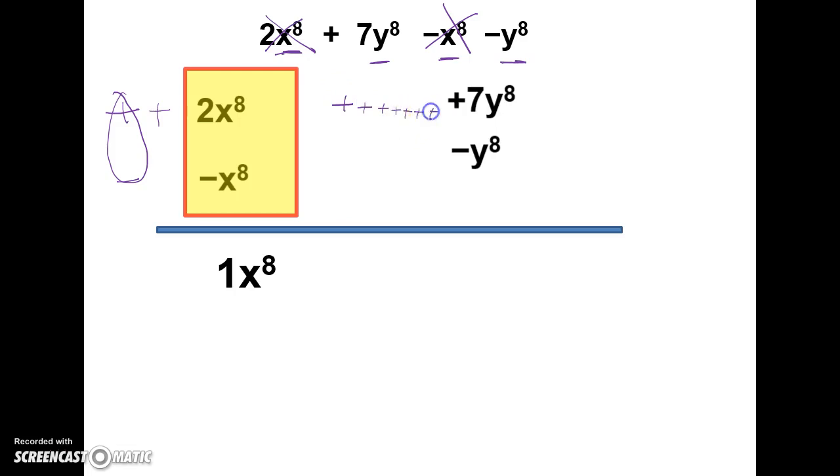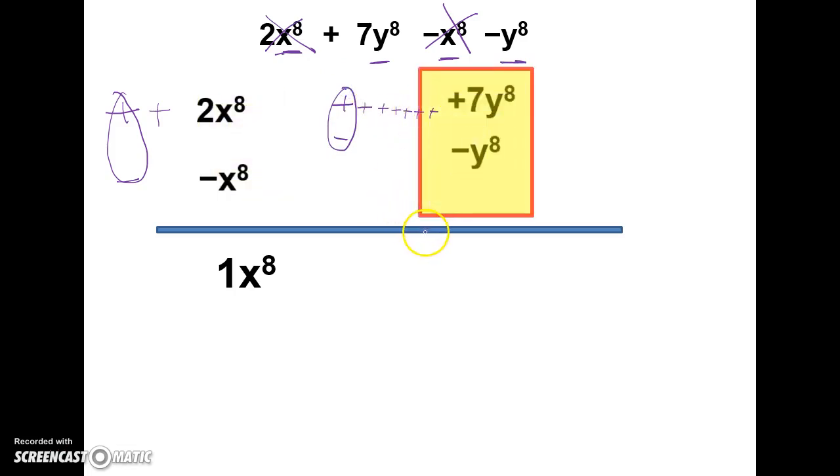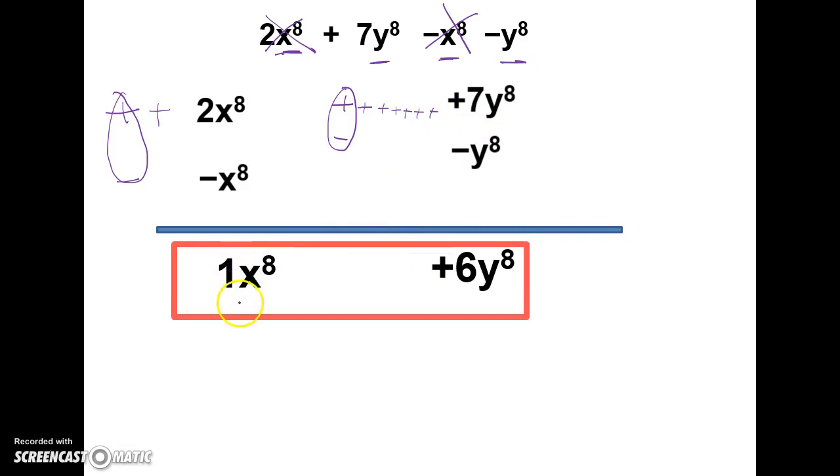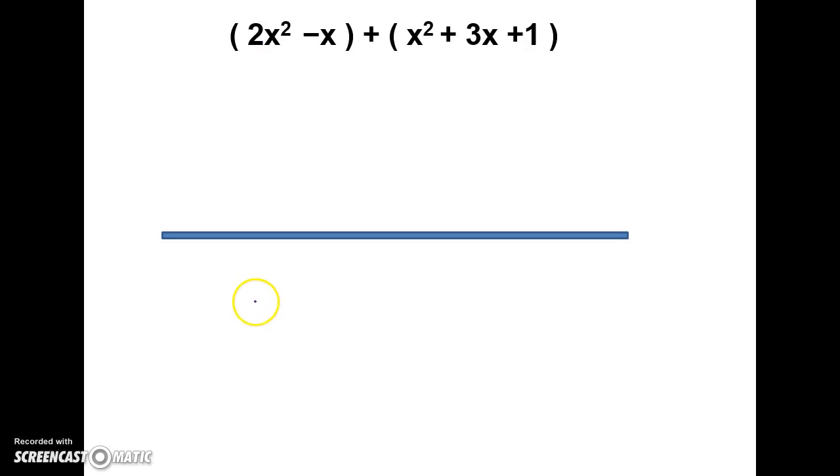But hopefully by this time you're catching on. Did I make that right? Yes. So how many would I have left over? You're right, 6y to the 8th. Again, you could put that 1 there, or you can choose not. It's fine either way.